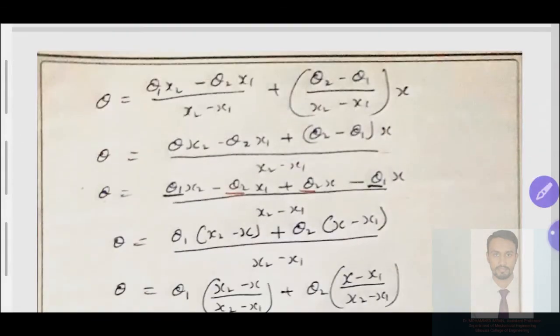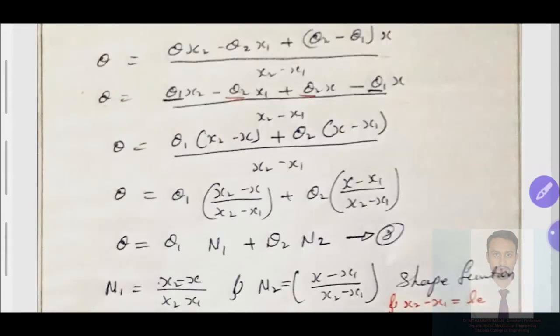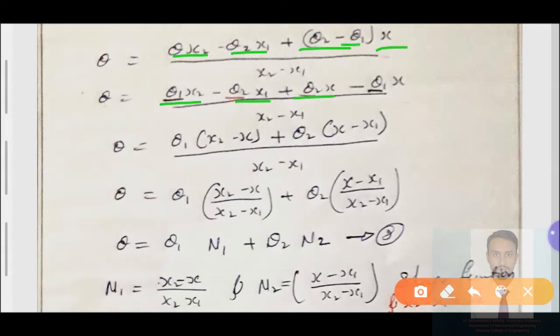Now I'll rearrange this. When I take the LCM of this equation, x2 minus x1 is common. I have taken this plus theta 2 minus theta 1 into x. Then this x I'll multiply inside the bracket. We have as it is theta 1 x2, theta 2 x1, plus theta 2 x minus theta 1 x, whole divided by x2 minus x1.